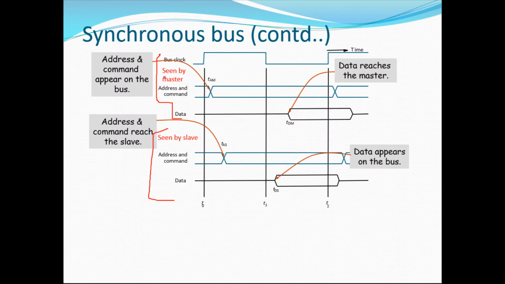Initially, the bus master keeps the address and the command in the address and the control bus. Okay. So at T naught, the bus master is keeping the address and the command in the address and the control bus. But it is not appearing immediately. You can see here, it is not appearing immediately.